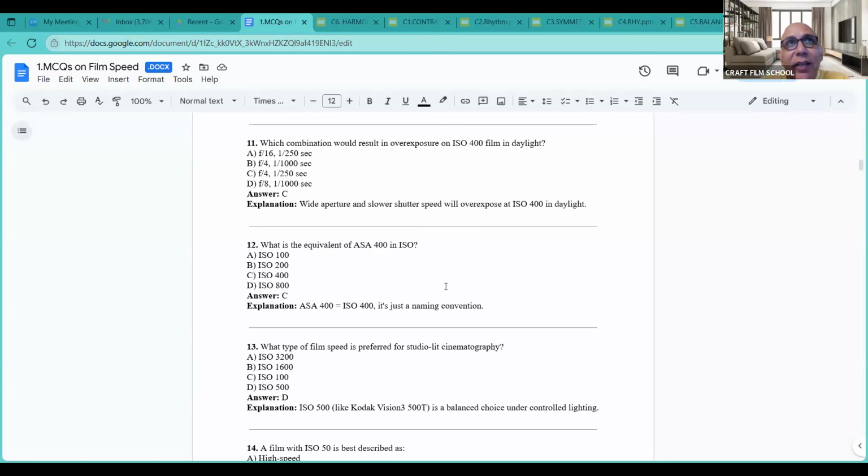So what actually I have done is I have opened up 1 stop. So in option number A, I have opened the exposure by 1 stop. Clear to everybody? Now I'll go to option number 2.